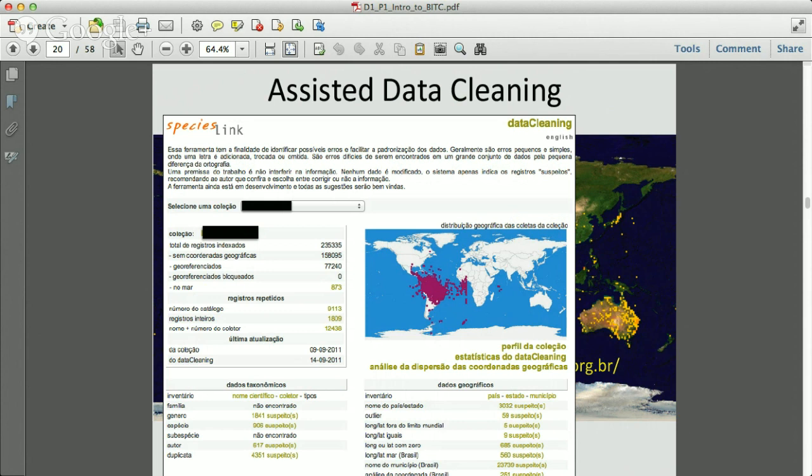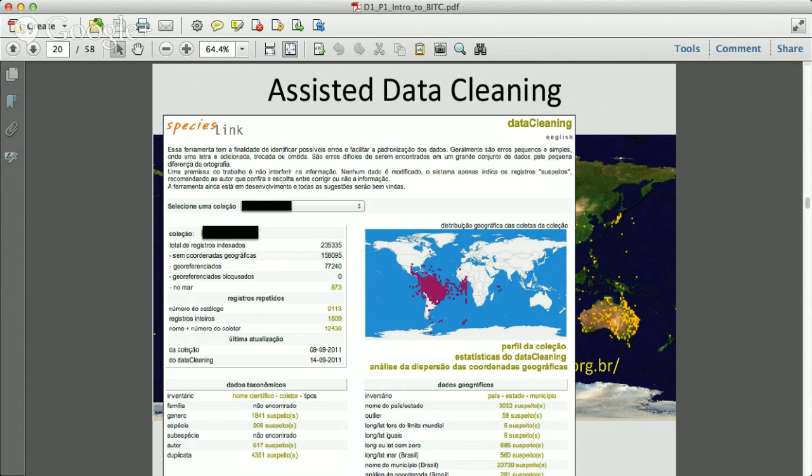There are 3,032 with suspicious names of countries or states, or any record that has latitude and longitude numbers equal, like 10 degrees latitude, 10 degrees longitude. Well, there are 9 records like that.